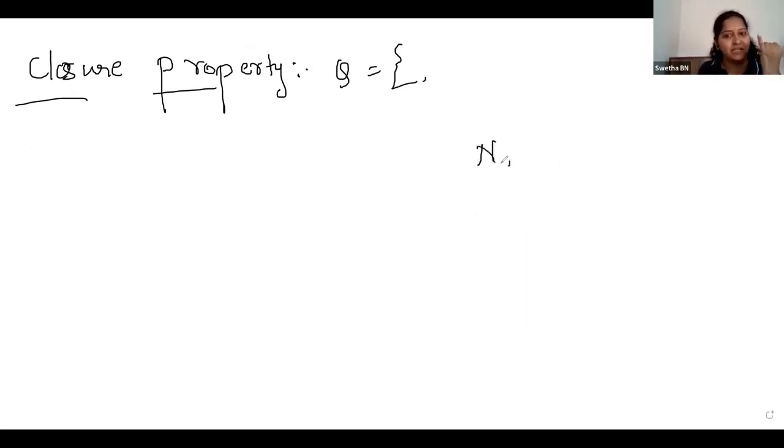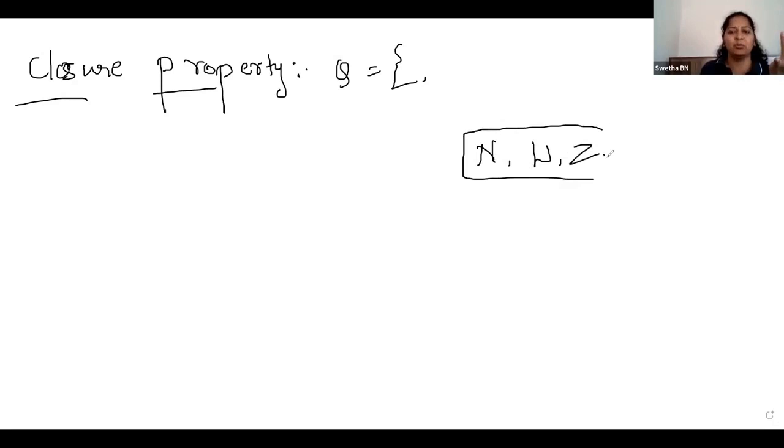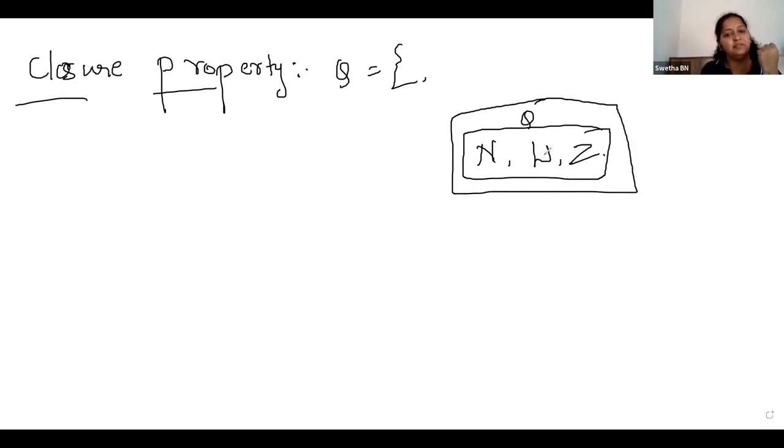It contains natural numbers. All natural numbers come, right? And what is the next one? Whole numbers come and integers come. So all three come in Q. Understood? So Q contains all the types of numbers. Natural numbers, whole numbers, Z, everything comes.